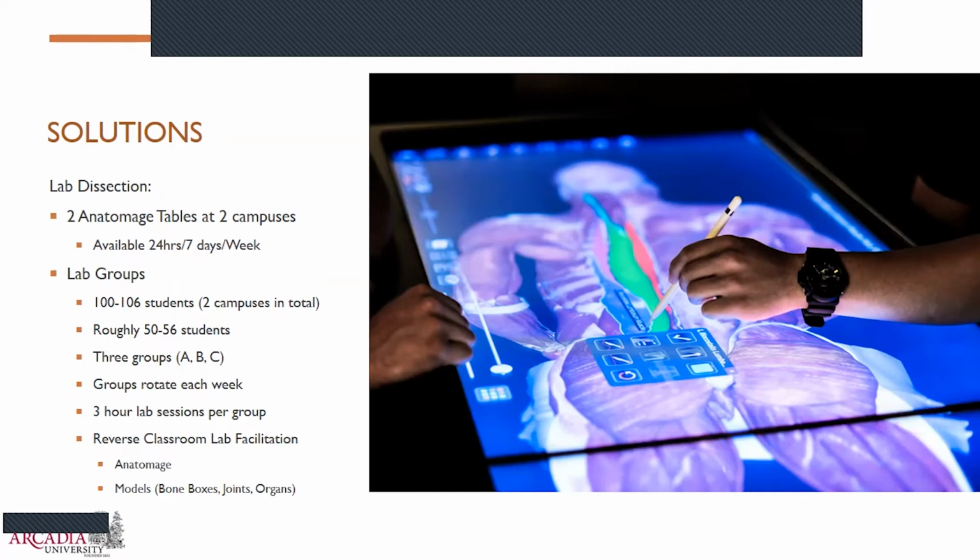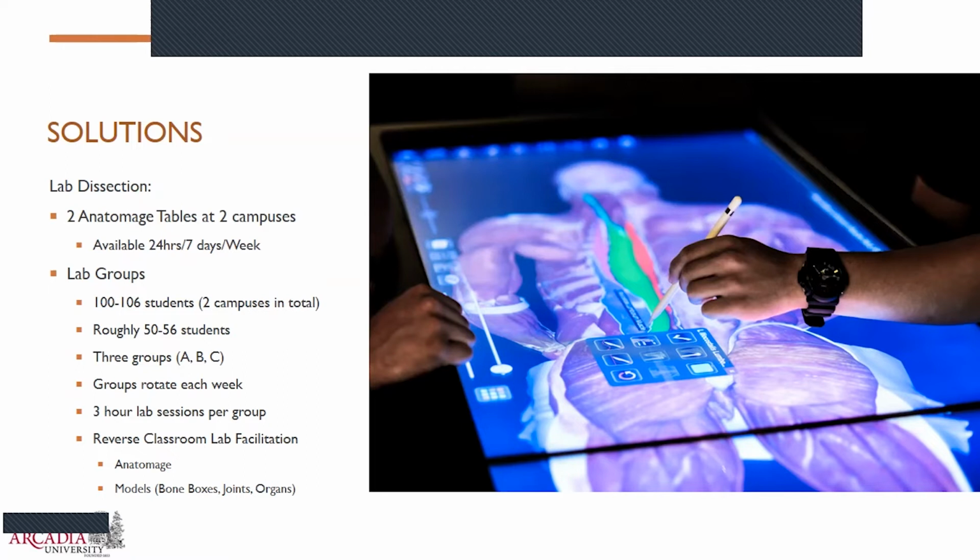So very similar to how we were doing the live lectures and dissection, we were still devoting basically an entire day per campus to run students through the dissection aspect of the course.